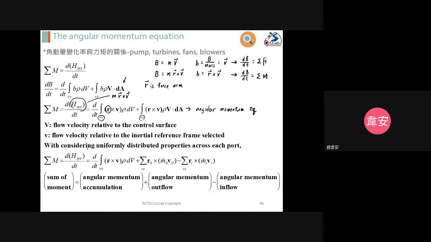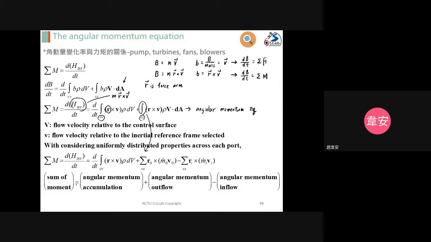And we are assuming uniform velocities, so we can replace the integration operators by the summations along the control surface. So the physical meaning is that the sum of the moments is equal to the angular momentum accumulation plus the angular momentum outflow minus the angular momentum inflow.